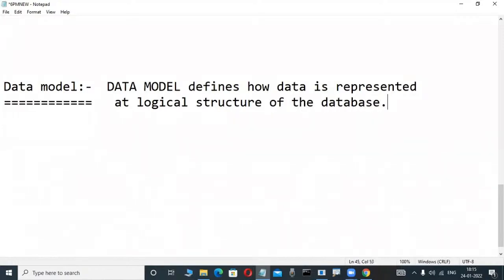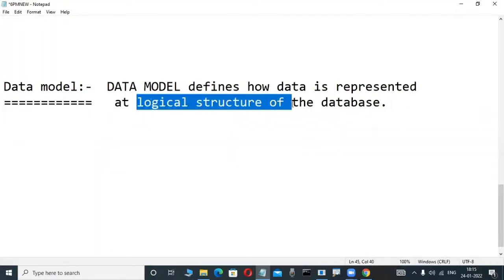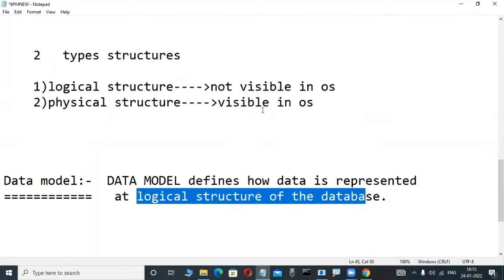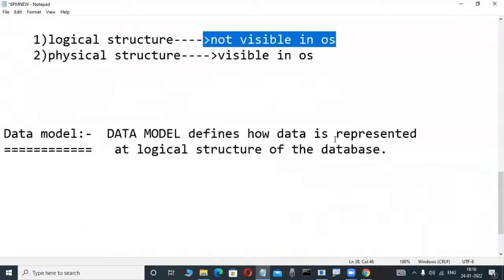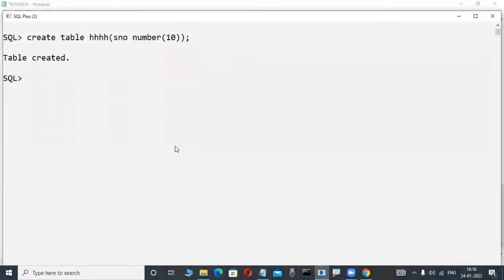Now check it out. What is a logical structure? As I told you in previous classes, a structure which is not visible in the operating system is called a logical structure. If you create a table, it is not visible in the operating system, but that structure is visible in the database. Now, how is data represented in the database?